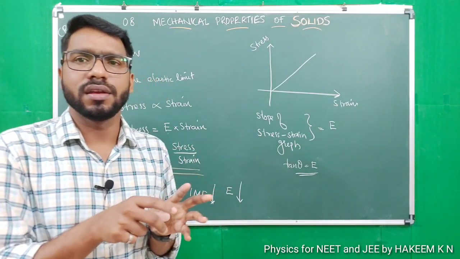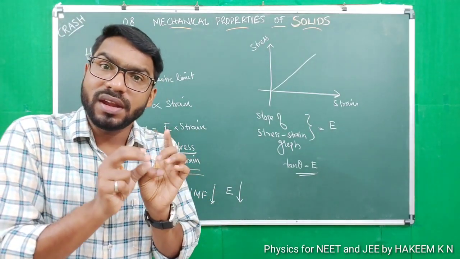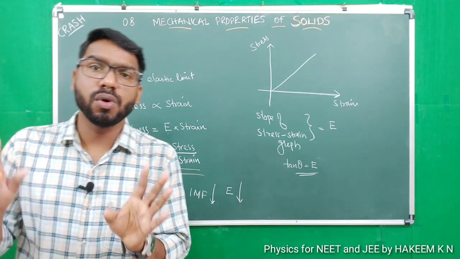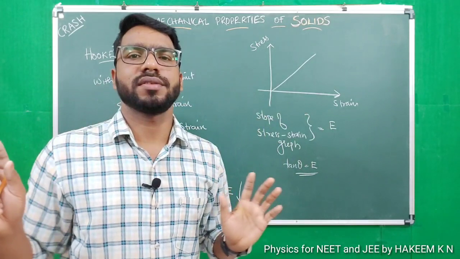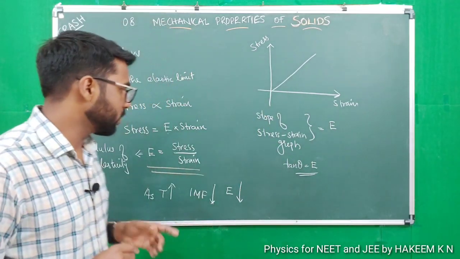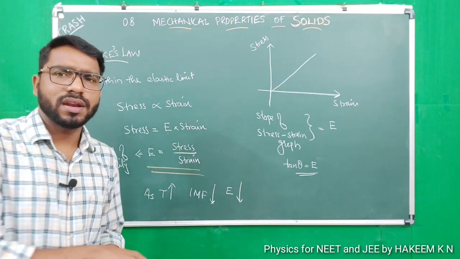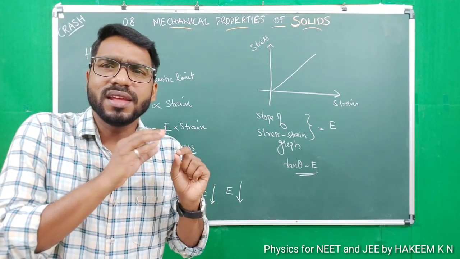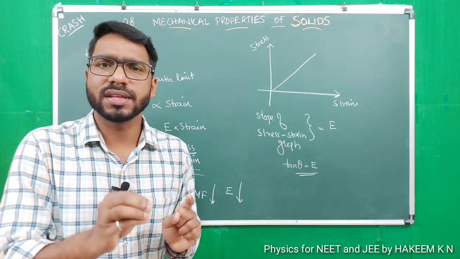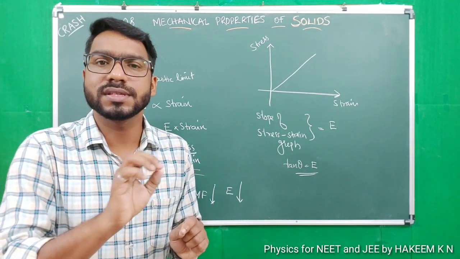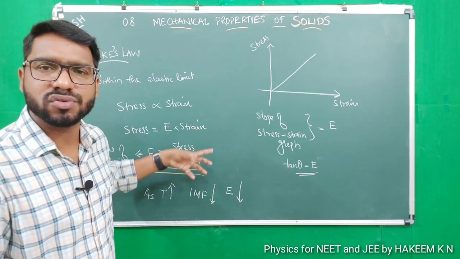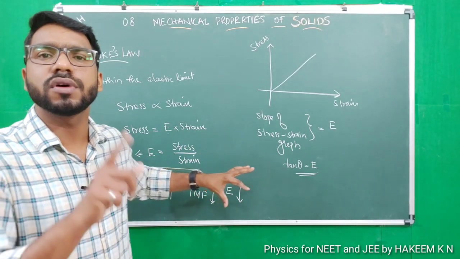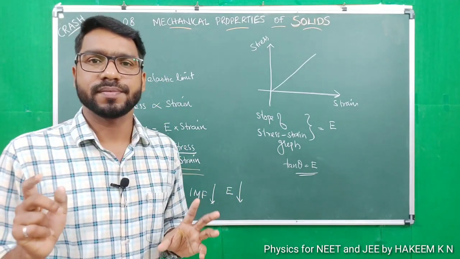And the value of E depends on the manner in which the stress is applied. For example, we can apply linear stress on the body, then it produces linear strain. So modulus of elasticity equals linear stress by linear strain. That is what is called Young's modulus.